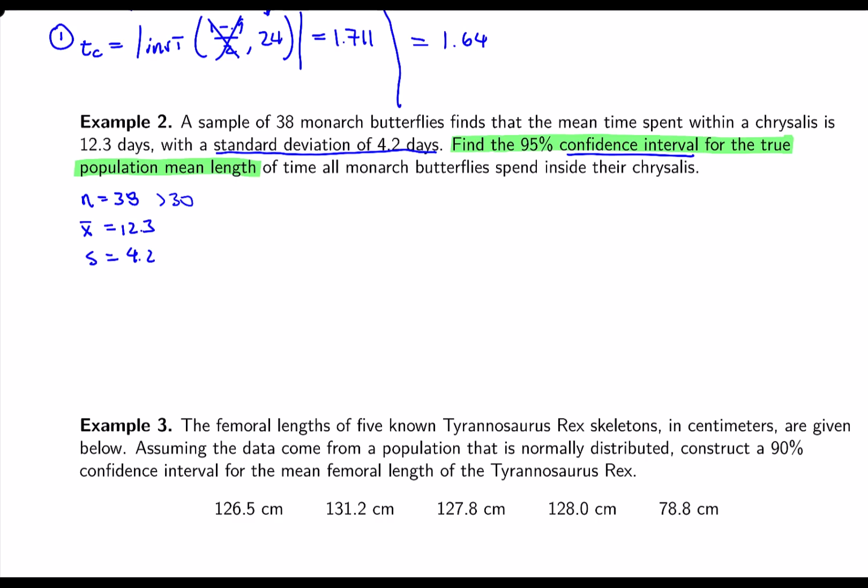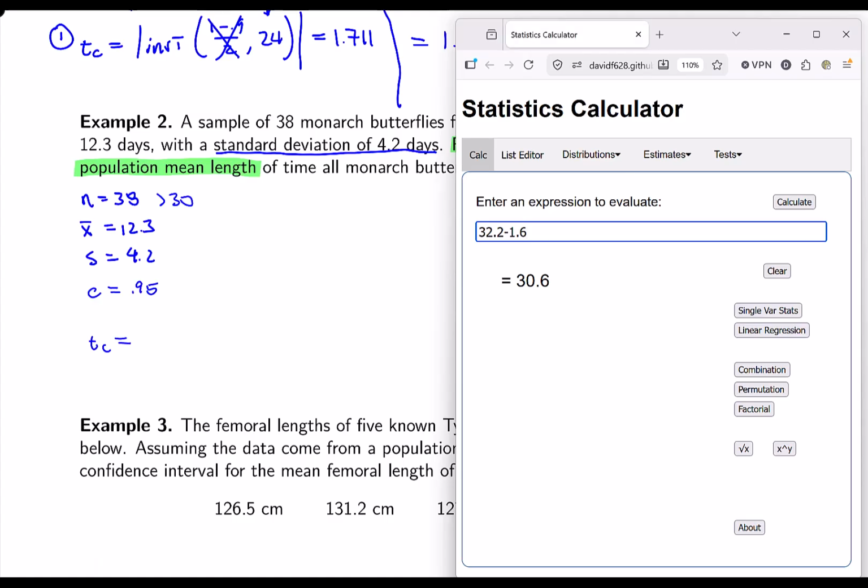But here we have a large sample, so we're fine. All right, so the first thing that we do is we take our level of confidence, which is 95% in this case, and we use the calculation to figure out what the critical value is. So we're using inverse t.